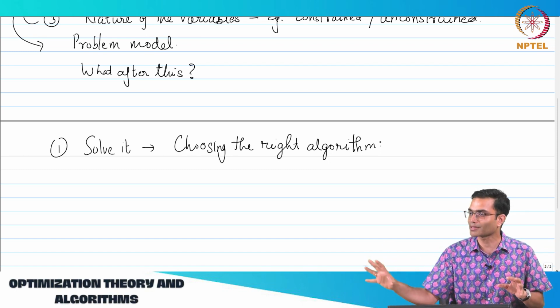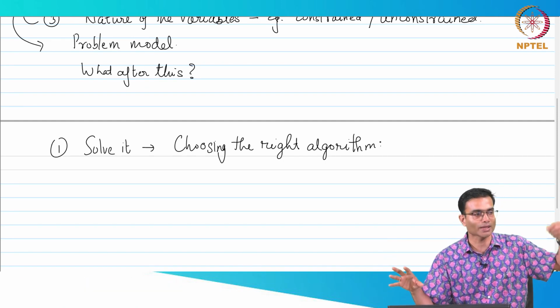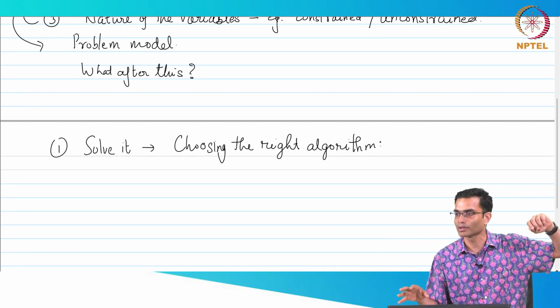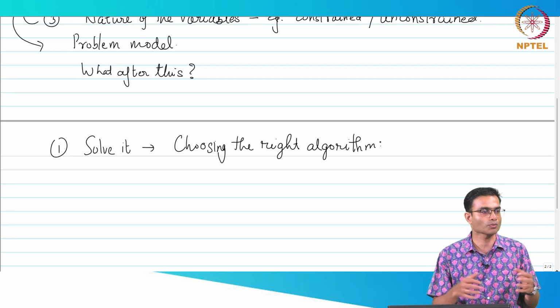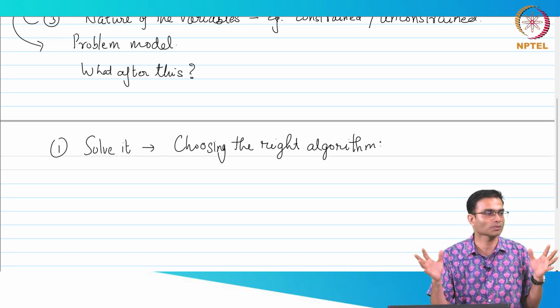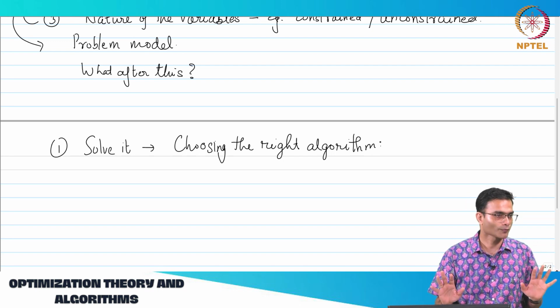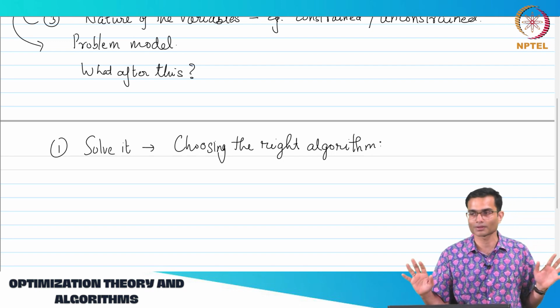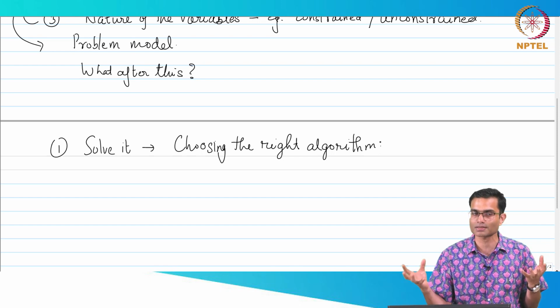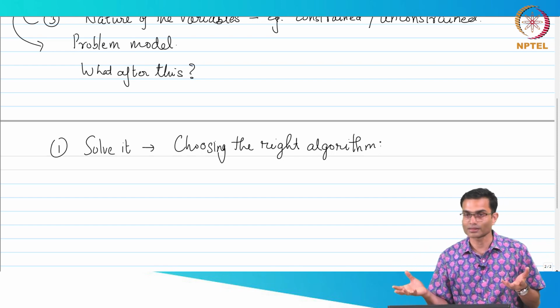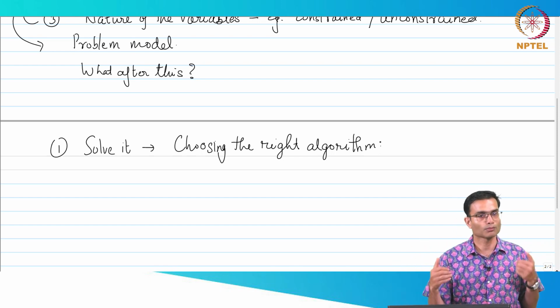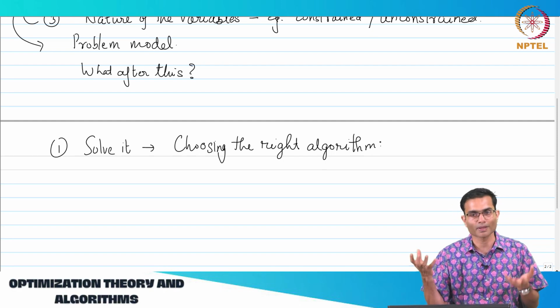Then if you find the solution not satisfactory, you can start adding the complexity one by one. You should always resist the urge to make your problem as realistic as possible on the first shot, which is guaranteed to get you no solution. From experience, I can tell you that it just doesn't work. So start with something solvable. This is not a science, this is an art, and the more experience you get, the more you will be able to pick up this art.